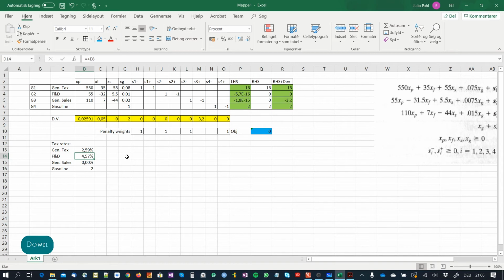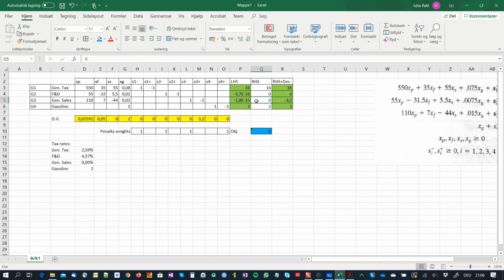For food and drugs, 4.6, and for general sales, it should be 0.